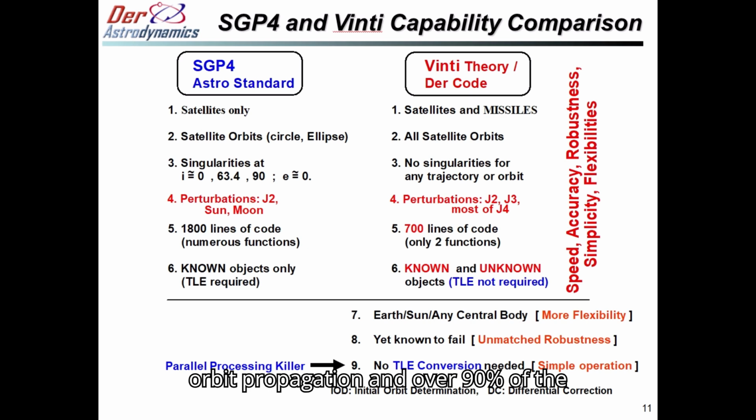For short duration orbit propagation and over 90% of the space objects around the Earth, perturbations of J2, J3, and most of J4 are more than accurate enough for track association, IOD, and DC. Perturbation of the Sun and Moon can be included in the last iteration of DC if needed. If parallel processing is desired, use of HB4 is problematic since TLE conversion may or may not be successful.